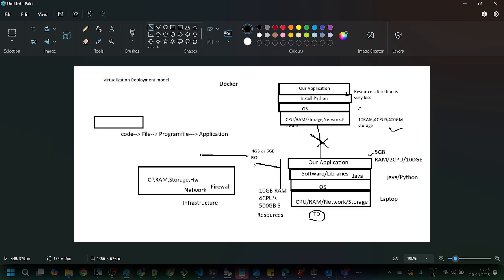They used to create minimum 2 GB ISO images, and from those they used to create multiple instances on top of the virtual machines. To move and store these ISO images, they used to waste the storage.